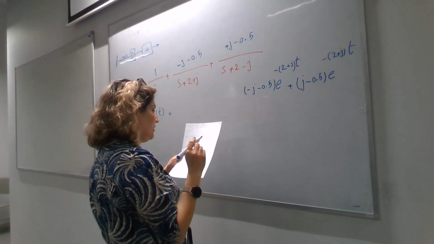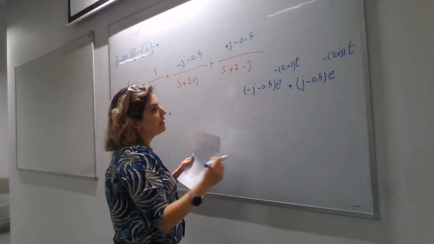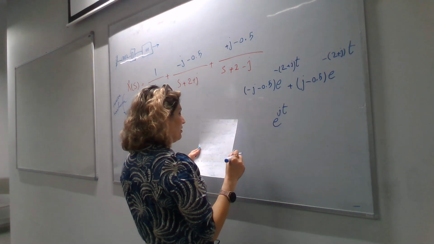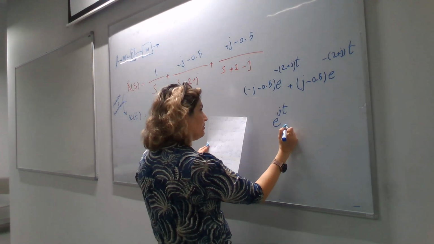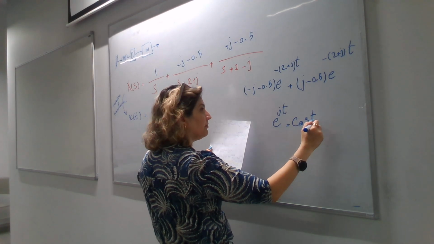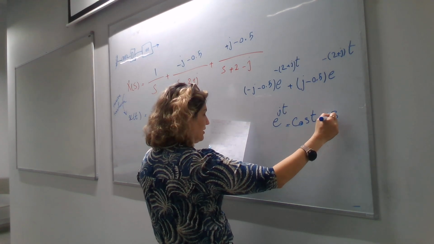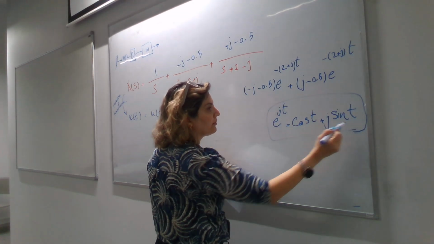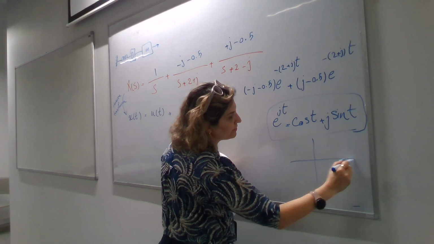That would be the equivalent. And we know that exponential of jt is equal to cosine of t plus j sine of t. Yeah, that's how we were plotting it.